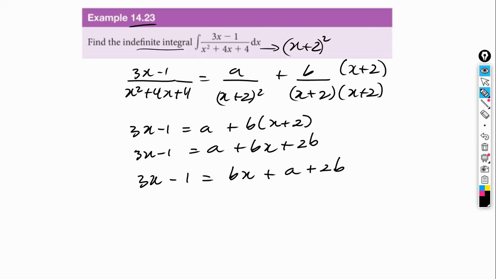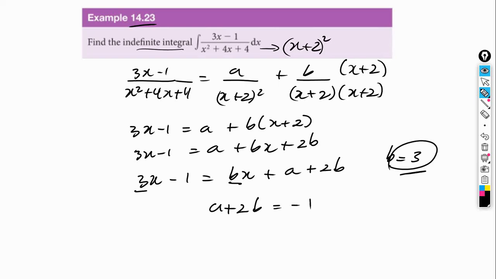So notice that on the right-hand side, the coefficient of x is B, and on the left-hand side, the coefficient of x is 3. So no doubt that B is equal to 3. So we have B now. And then we also have that A + 2B must equal -1.